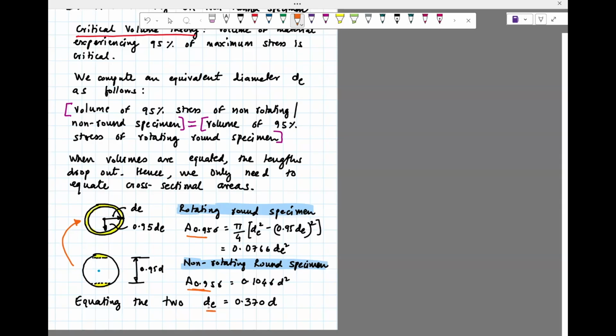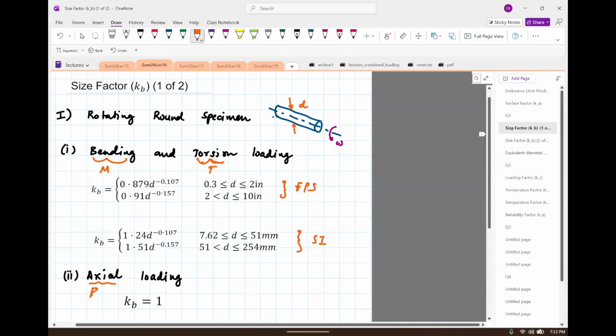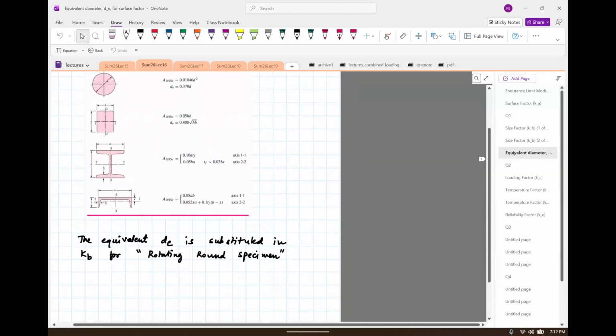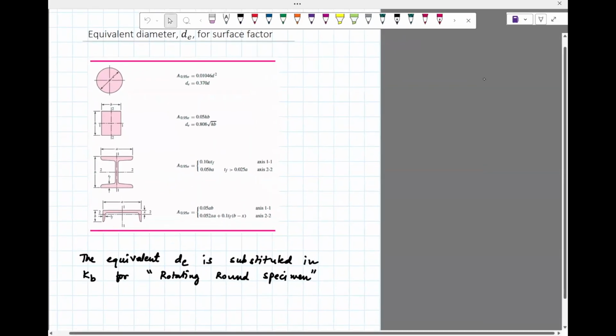So what it's saying is that if you want to take a non-rotating specimen, you map it to a rotating round specimen and find the effective diameter. Once you find the effective diameter, you just go back and start using these formulas. The theory is developed for rotating round specimens. If it's non-rotating, you find the equivalent diameter and then use these regular formulas. Now this page gives you how to compute the diameters for non-rotating specimens.